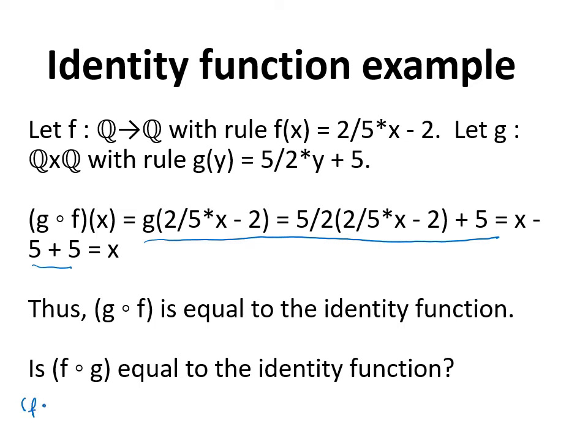So we have f circle g of x is equal to f of 5 over 2 x plus 5, and that is equal to 2 over 5 times 5 over 2 x plus 5 minus 2.